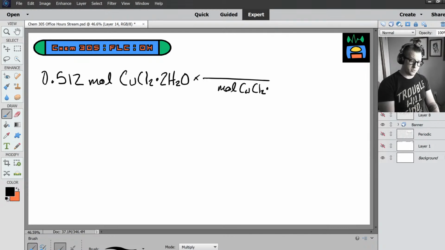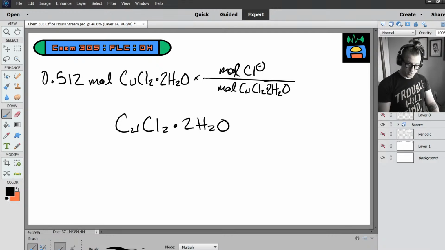We're going to need to do a unit conversion, and that unit conversion will be based on the chemical equation for copper 2 chloride dihydrate.